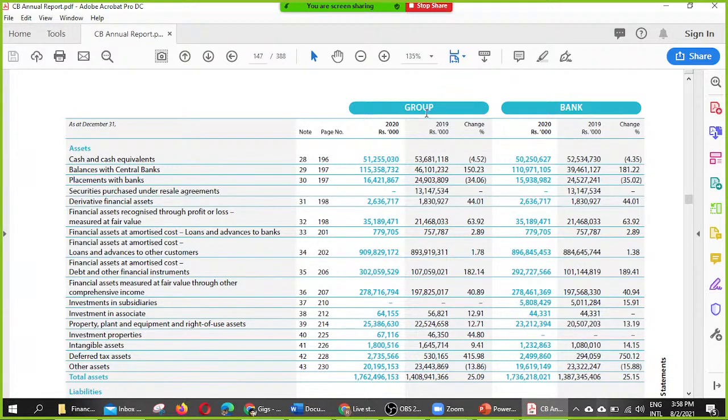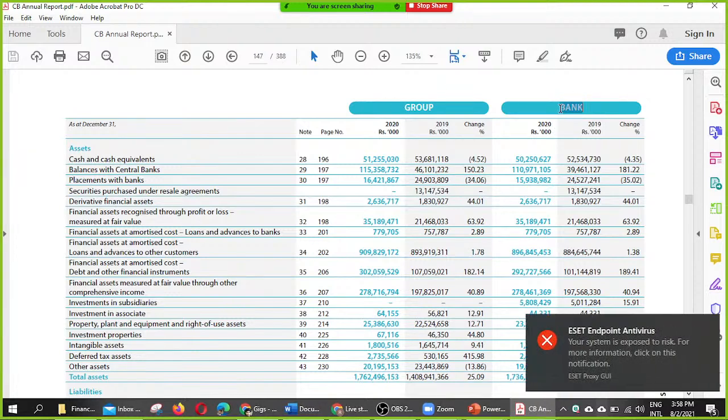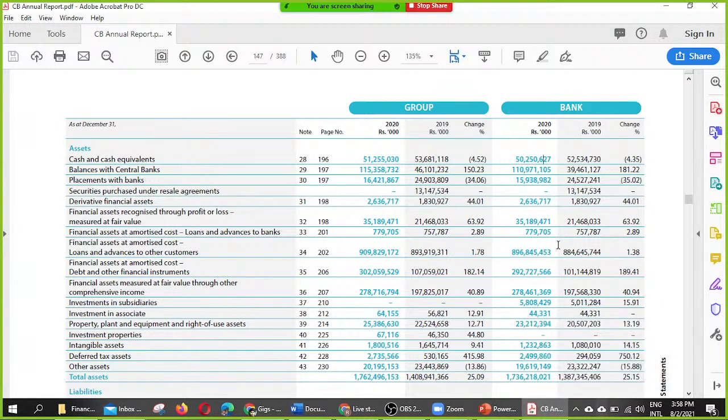So this is for the group, Commercial Bank Group. We have to take this column. Look at this figure, this is the large figure. Again three zeros, thousands. All figures are in thousands.